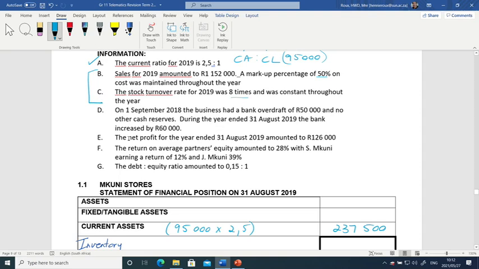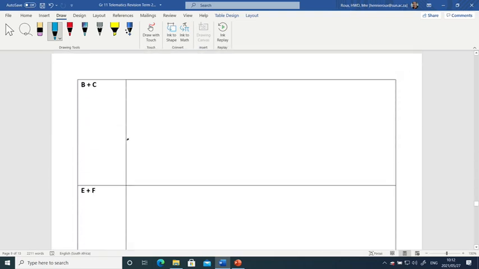If you know your ratios, you will know that the turnover rate equals cost of sales divided by your trading stock. If we calculate the cost of sales, then we've got that one.